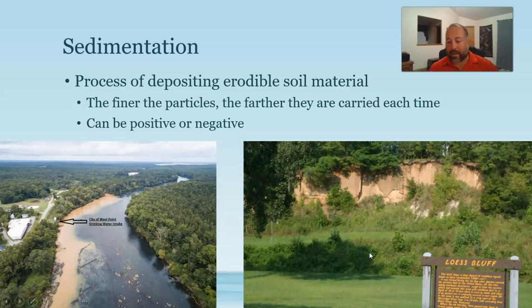Whereas on the right here, this is an example of a loess bluff. And loess is the result of soil erosion that happened in the lower Mississippi alluvial valley, along the lower part of the Mississippi River, and so much soil was moved downstream that it actually piled up and made these hills.